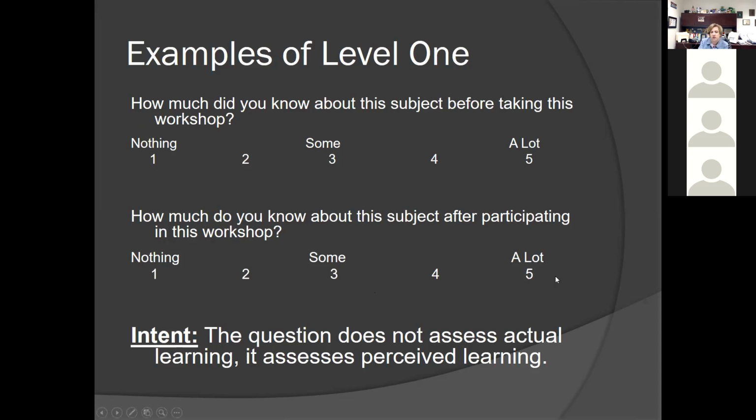This question does not necessarily assess the actual learning of the participants, but their perceived learning, which I think is fine. It's just that when you report it, you have to report it that way. They perceived that they knew some about the topic before they came, but when they left, they said that they knew a lot.